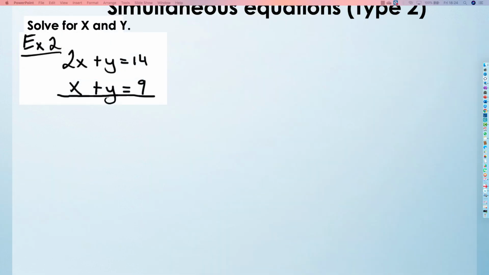Right, another practice one of those. Have a go at that one. 2x plus y is equal to 14, x plus y is equal to 9. So this time, none is cancelled straight away.